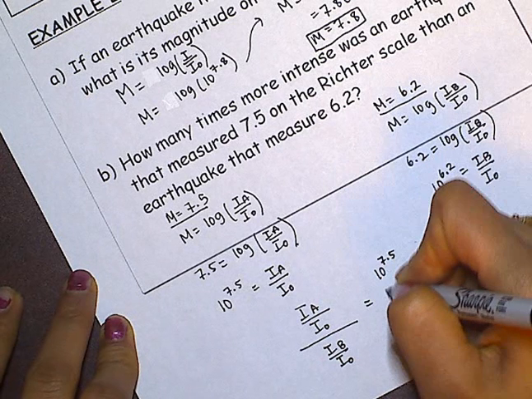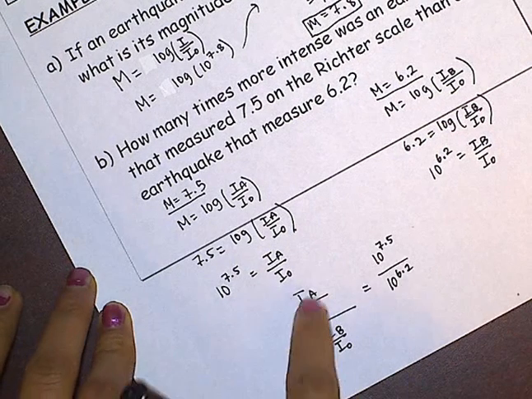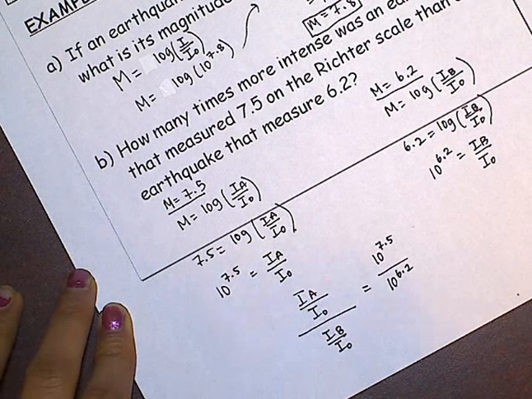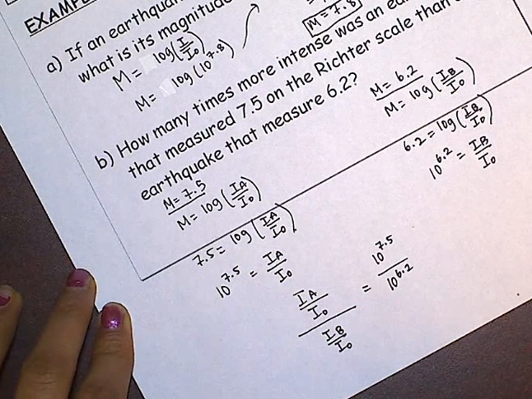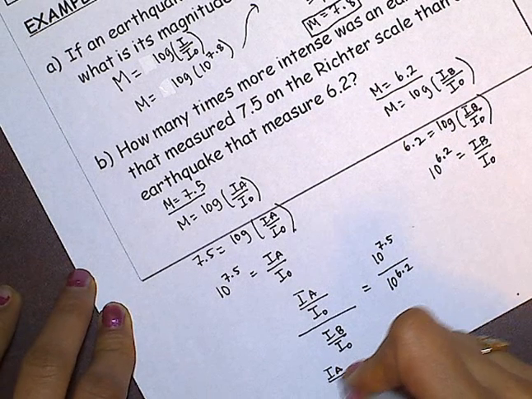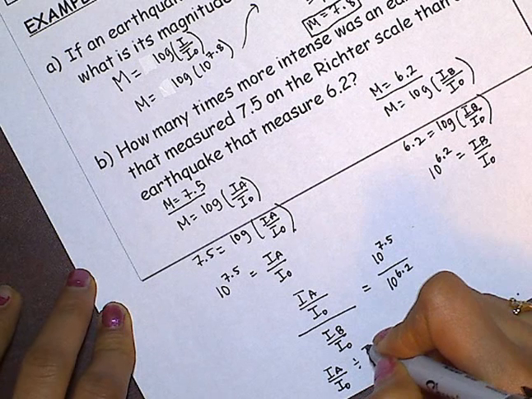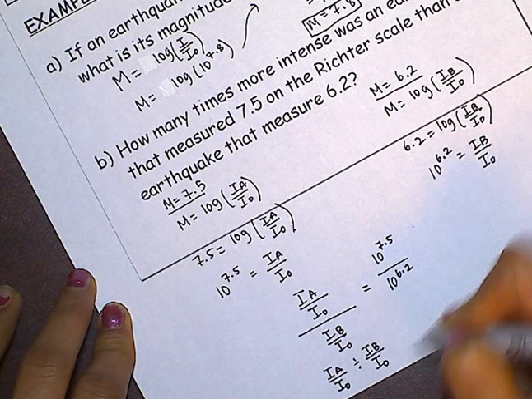Writing this right here is a little bit confusing, so I'm going to rewrite it and see if I can simplify it a little bit. So IA over I naught divided by IB over I naught equals 10 to the power of 7.5 over 10 to the power of 6.2.